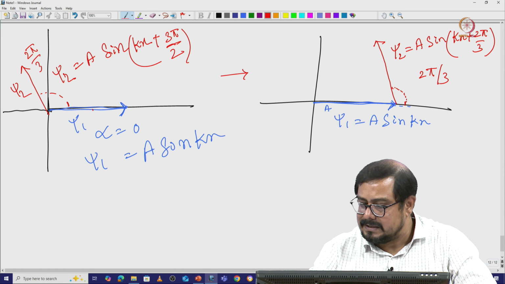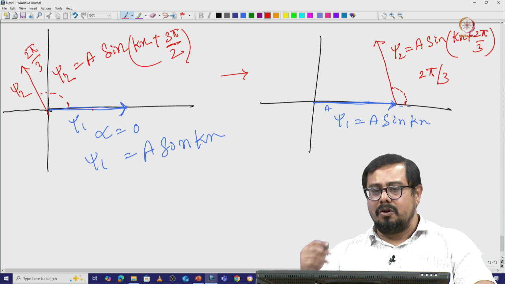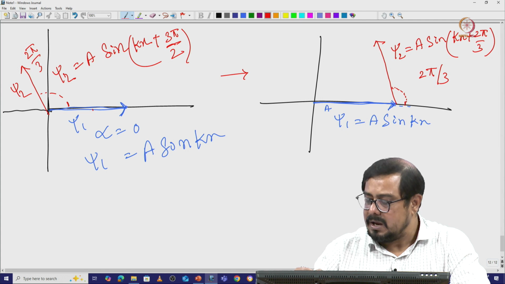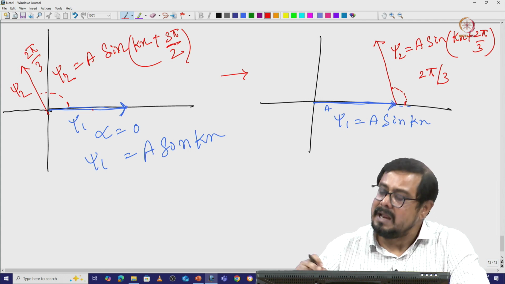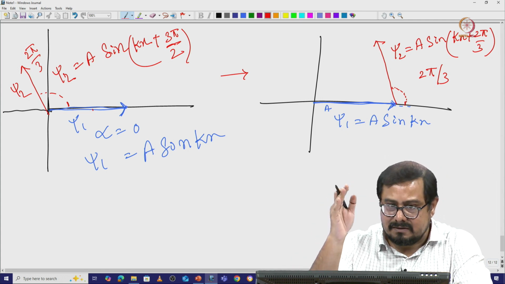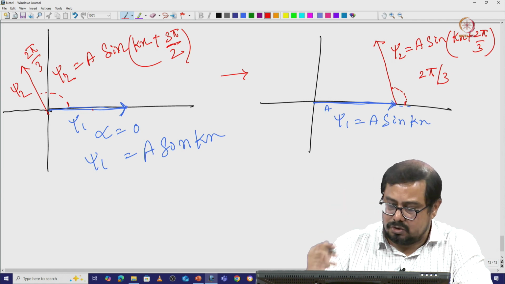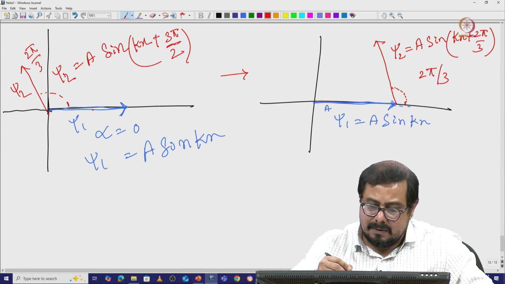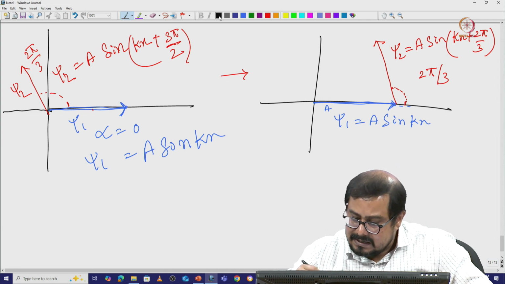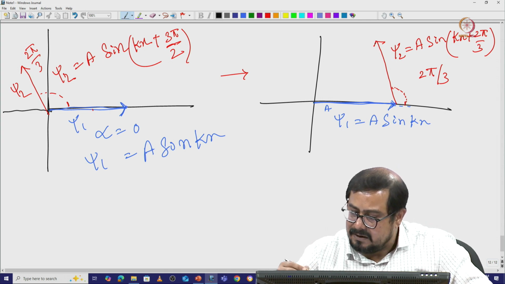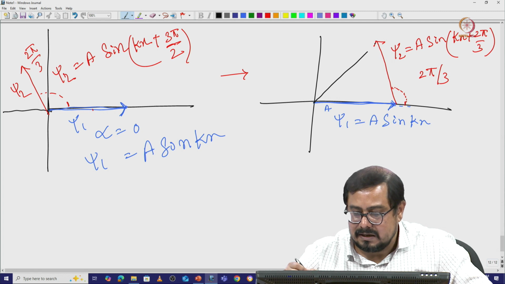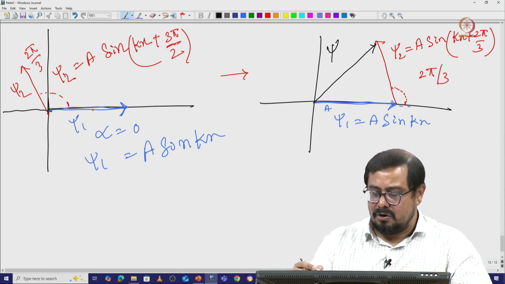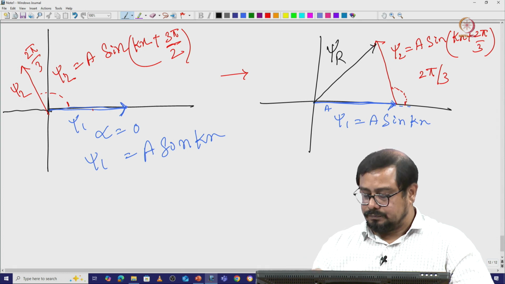Now, I want to get the resultant wave. Again, we all know how we can get the resultant wave. It will be joining the start point of the first vector and the end point of the second vector. So here we have to add both of them. If we just join the start point and the end point here, this will be our resultant vector, and the resultant vector will be r.